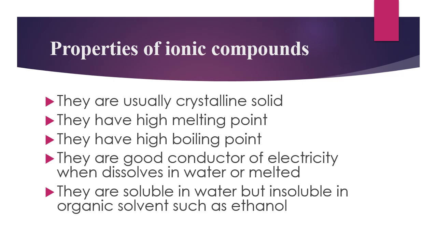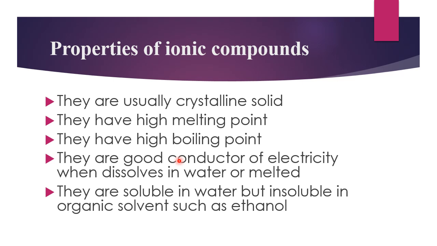We are going to talk about the physical properties of ionic compounds. The ionic compounds are usually crystalline solids. They have high melting point. They have high boiling point. They are good conductors of electricity when dissolved in water or melted.